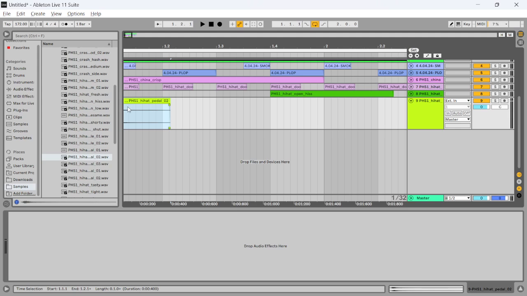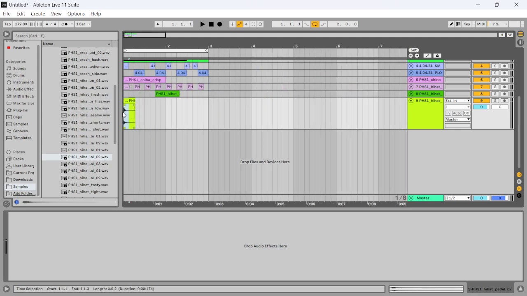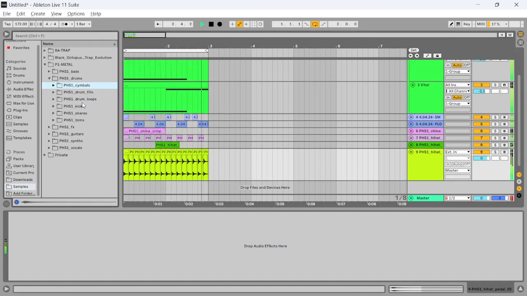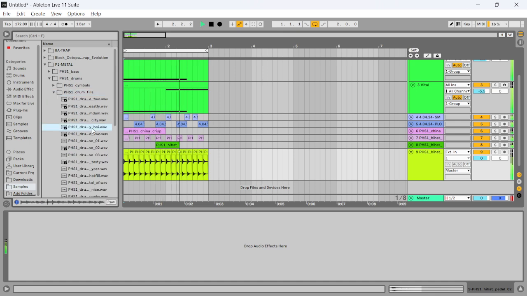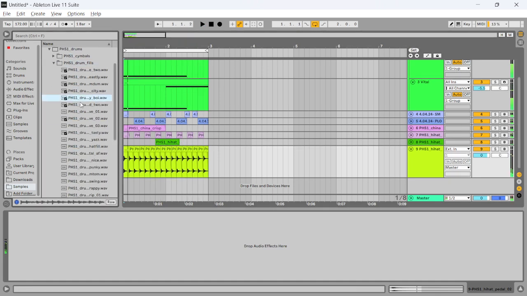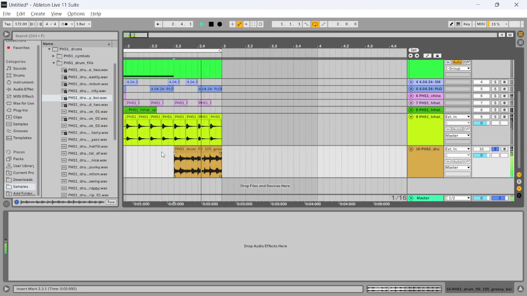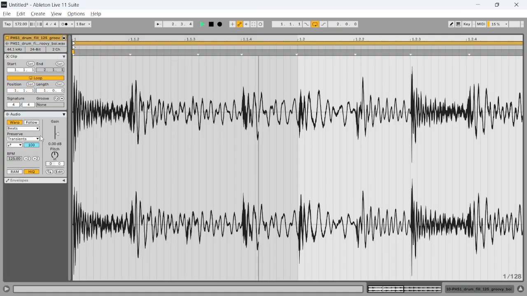And this should go off on a 16th note, or maybe an 8th. Oh, nice. Nice. Always use repitch.